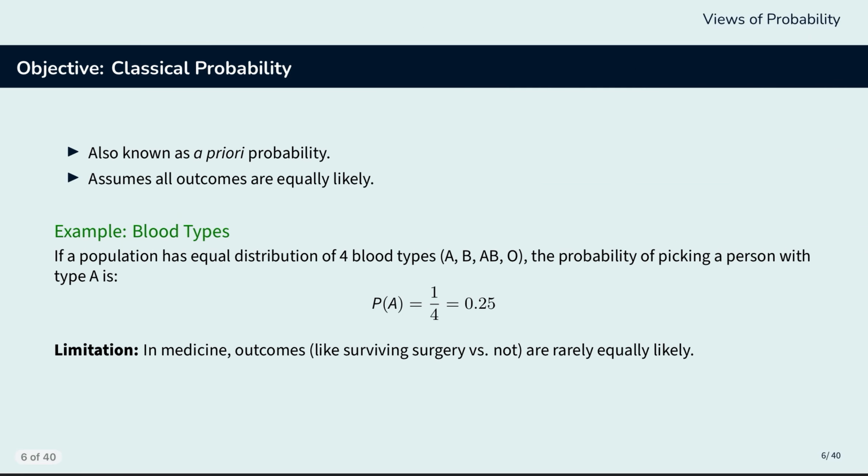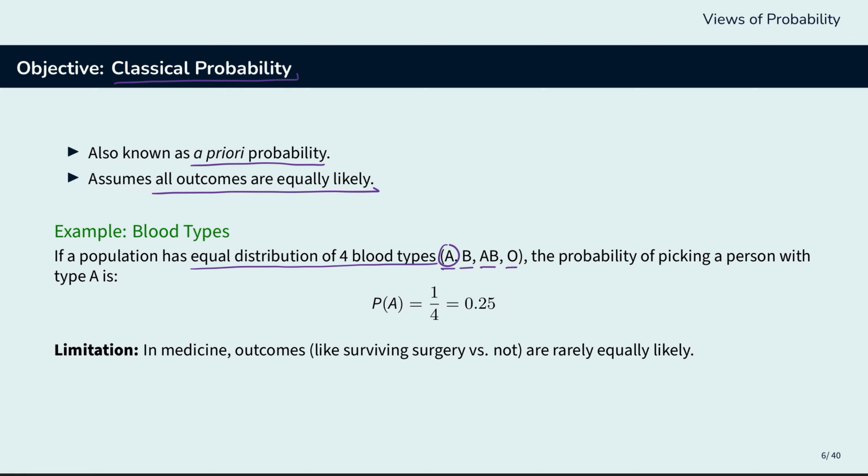So let's start with objective probability. The first one we're going to talk about is classical probability, also known as a priori probability. It assumes that all outcomes are equally likely, which means that if any one of those events can occur, it can occur equally. For example, if a population has an equal distribution of 4 blood types, A, B, AB, and O, the probability of picking a person with one of those blood groups is 1 over 4.